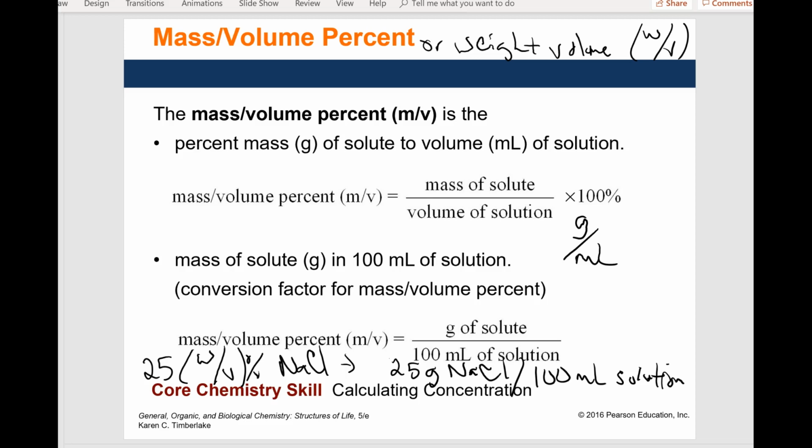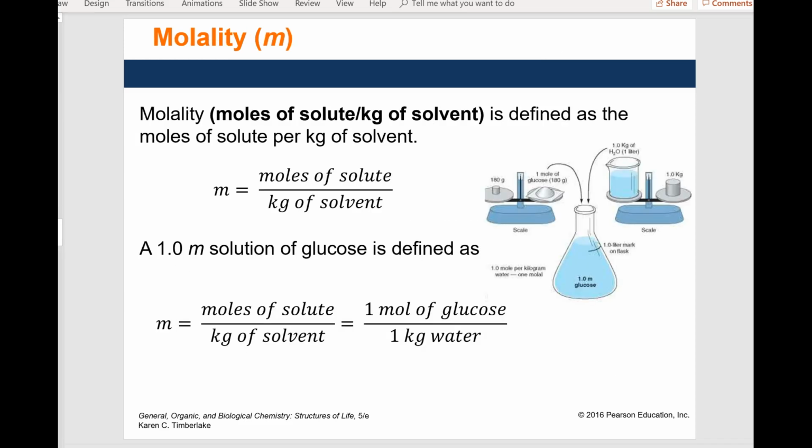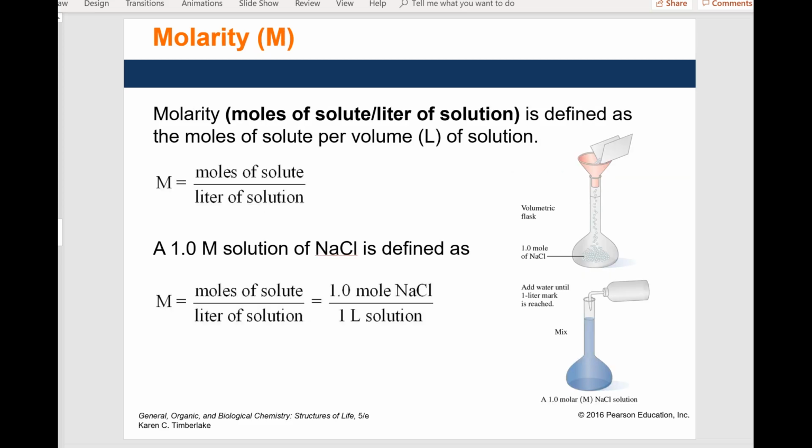But remember, we don't have a nice way of relating mass or volume to our chemical equations. So as chemists, we more frequently use molarity. And molarity relates the moles of solute to the liters of solution.